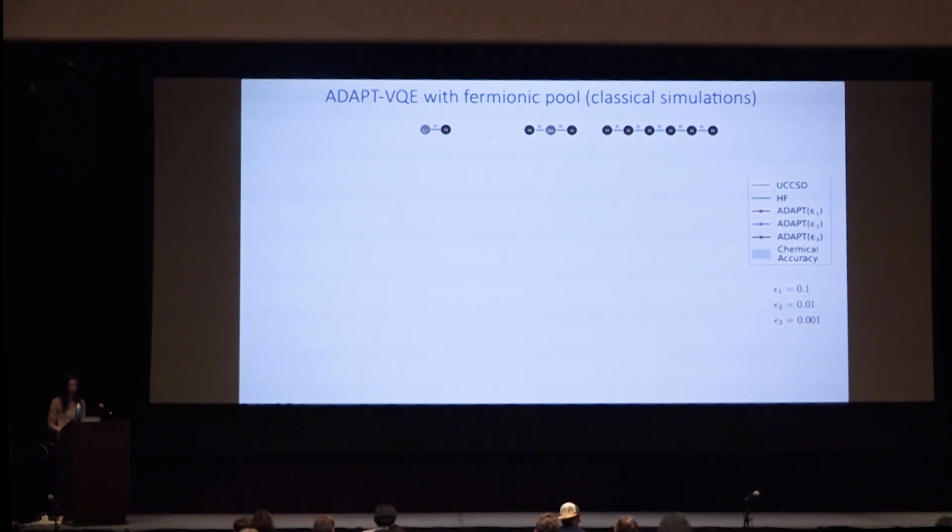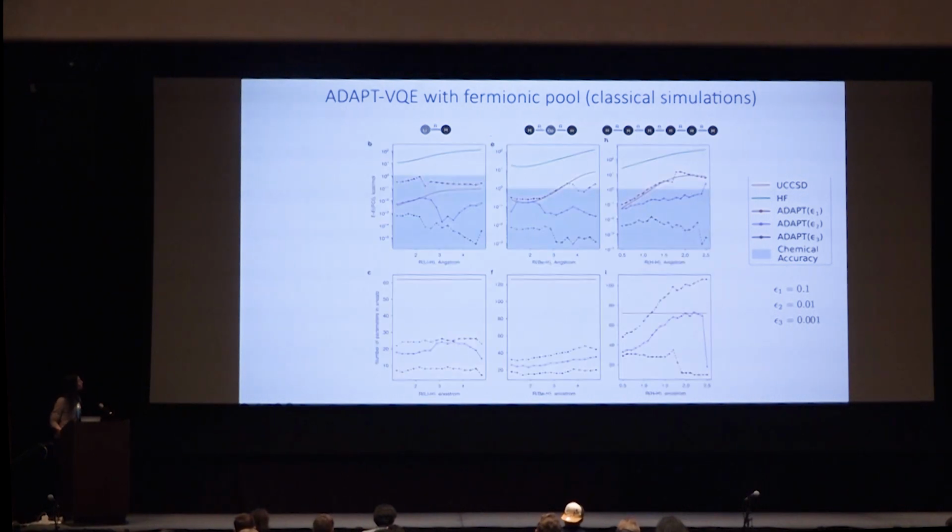Especially because we're interested in comparing to UCCSD. And we simulated 3 different molecules here: lithium hydride, beryllium hydride, and H6. H6 is a system that chemists like to use to benchmark their algorithms as well, because it has strong correlations. So let me guide you through these plots.